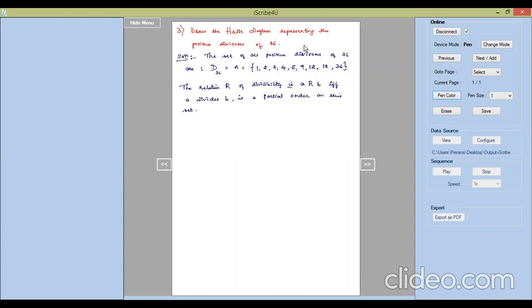We can also take X is related to Y if and only if X divides Y. I just took the elements A comma B, that's all.